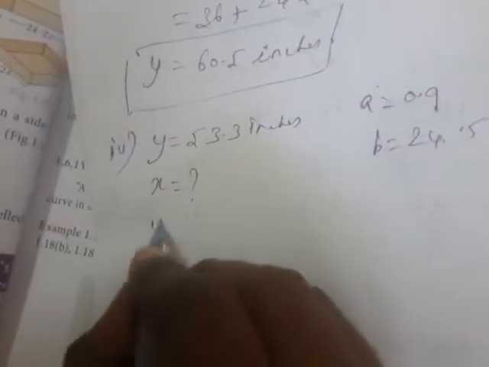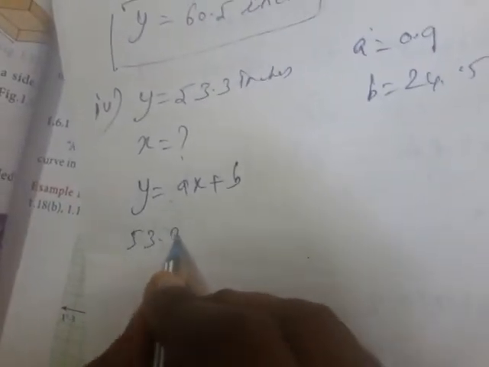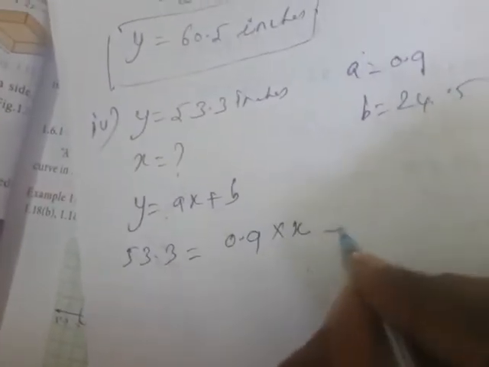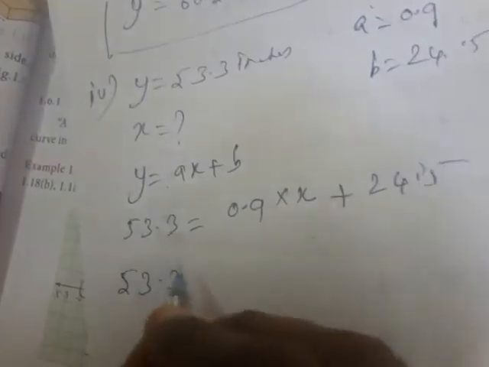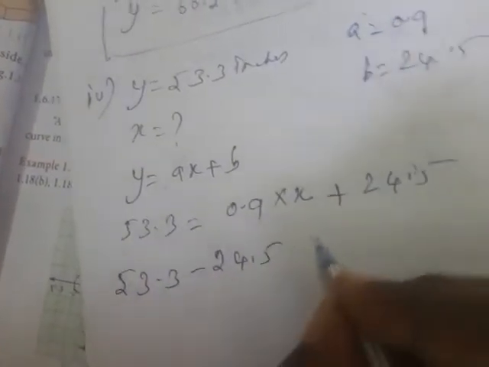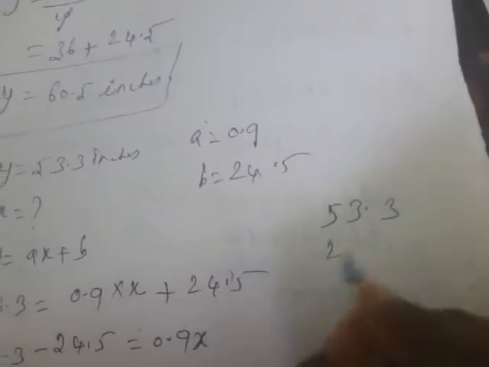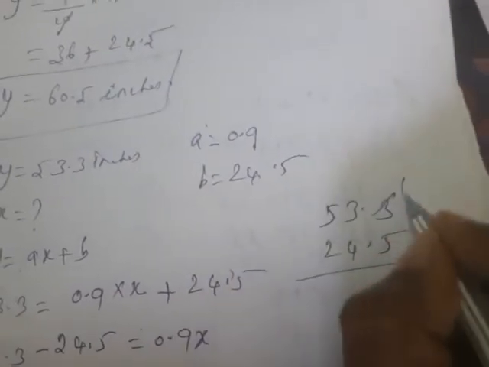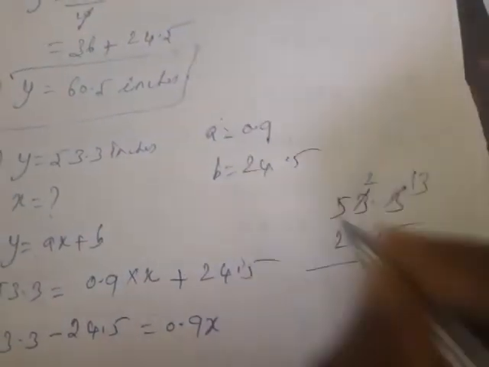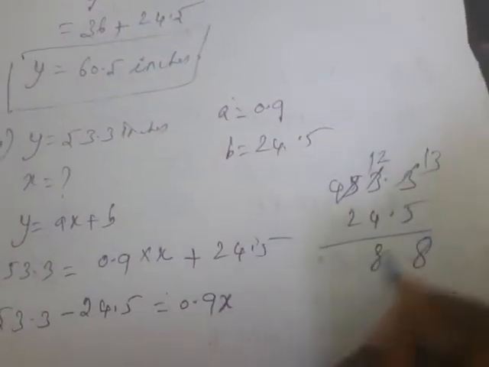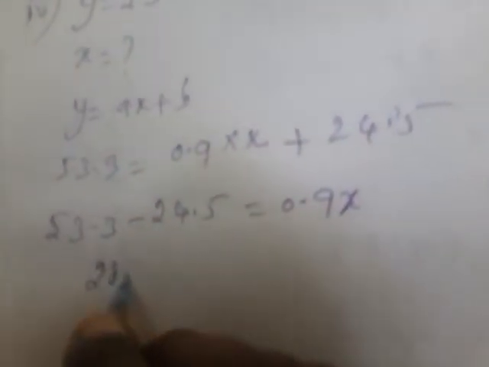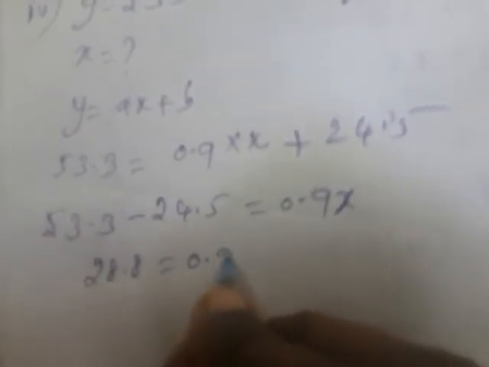So y equal to ax plus b: 53.3 is equal to 0.9 into x plus 24.5. Move this side: 53.3 minus 24.5 equal to 0.9x. Subtracting, 28.8 is equal to 0.9x.